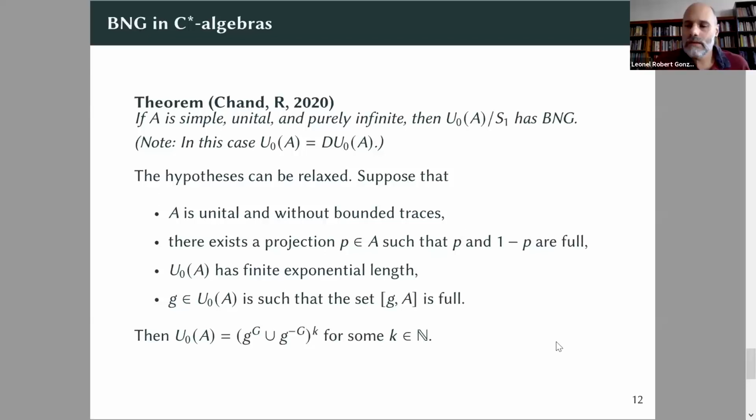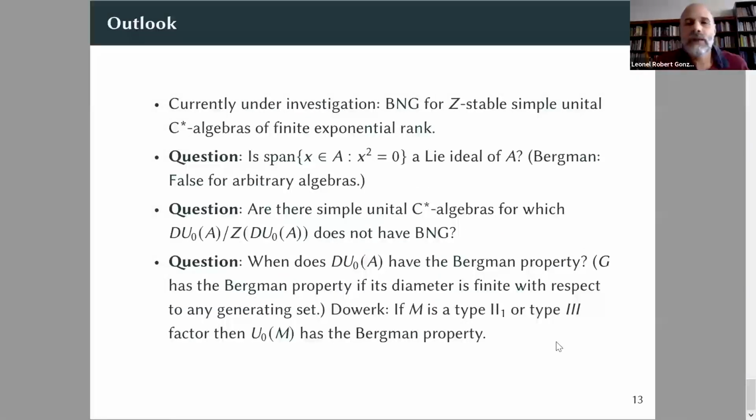Okay, so this is my last slide. I'll go over the work that I'm doing right now and a number of questions. First, I mentioned I'm being somewhat cautious here, in that we sort of have a proof for C*-algebras, but there are a number of details that need to be checked.